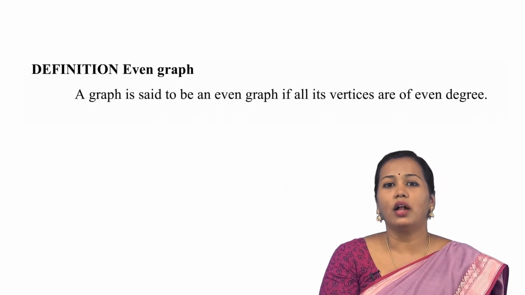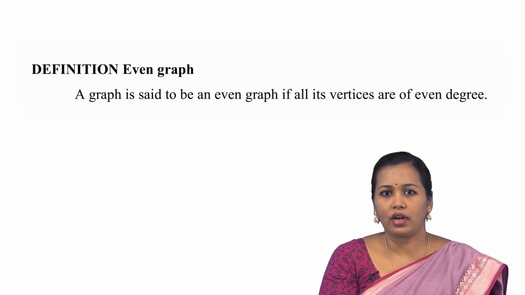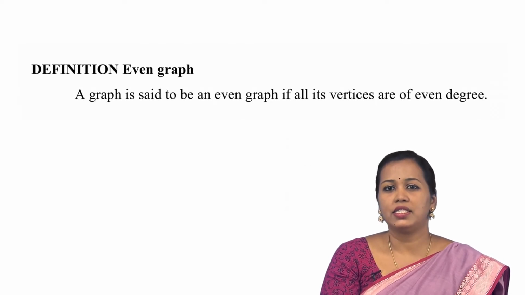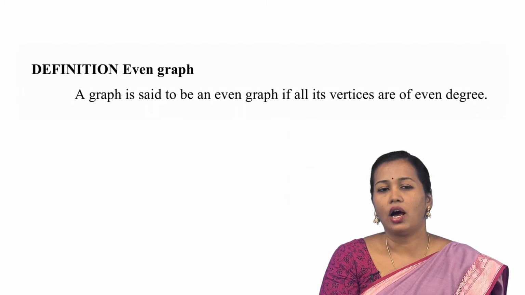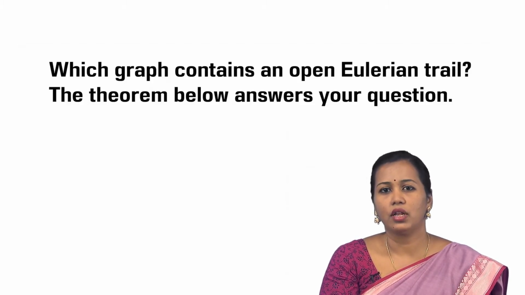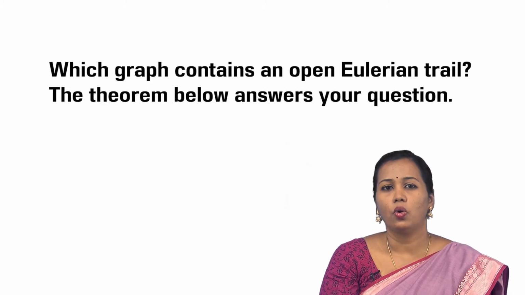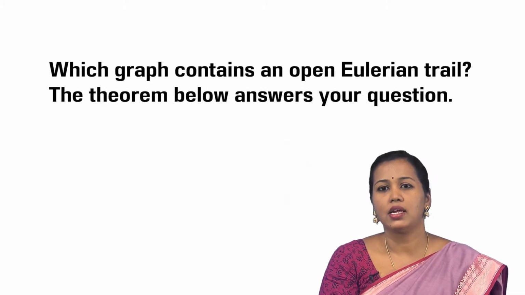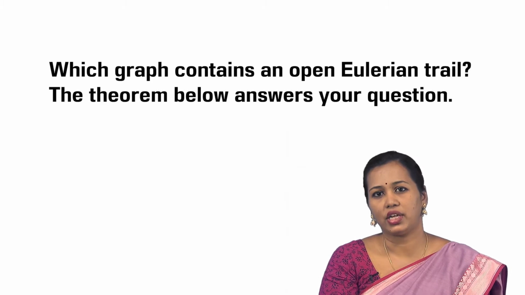Definition: a graph is said to be an even graph if all its vertices are of even degree. Similarly, it is said to be an odd graph if all its vertices are of odd degree. Now, the question arises, what graph contains an open Eulerian trail?